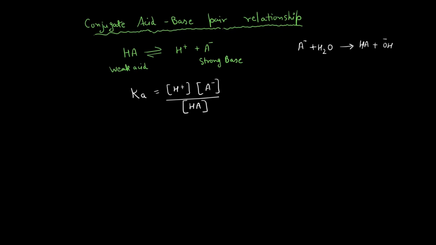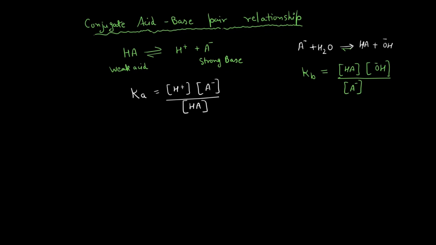We can write the equilibrium constant for this base as Kb equals concentration of HA multiplied by concentration of OH negative ion divided by concentration of A negative. Concentration of water is considered as 1 because it is a pure liquid.